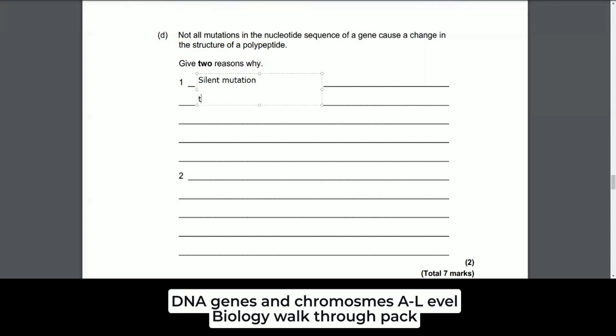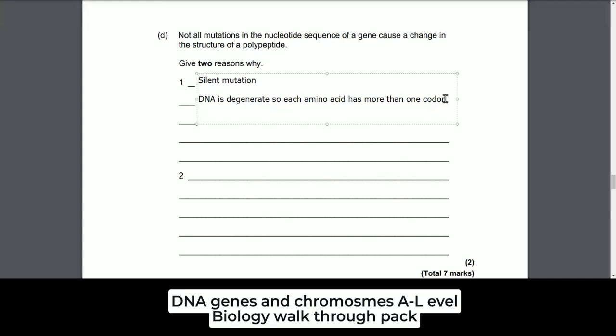What is a silent mutation? Remember that, I'm just going to put the explanation. DNA is degenerate. So each amino acid has more than one code, right? So each amino acid has more than one codon. So changing the triplet code may not change the amino acid.